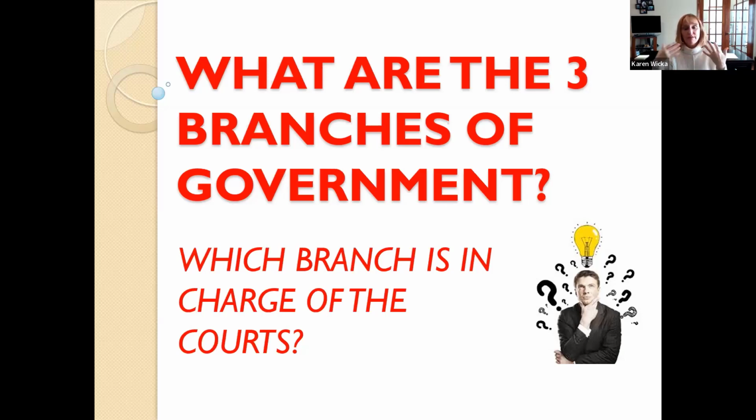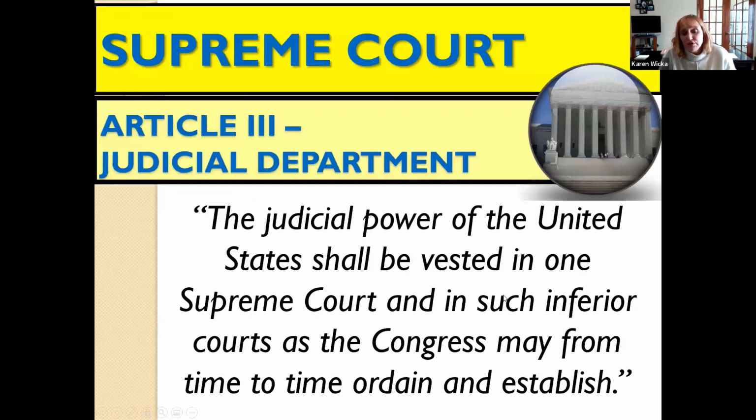Which one of those 3 is in charge of our courts? It's the judicial branch. It's important to remember that the judicial branch was created by Article 3 of our Constitution. What Article 3 says is that the judicial power of the United States shall be vested in one Supreme Court and in such inferior courts as Congress may from time to time ordain and establish.